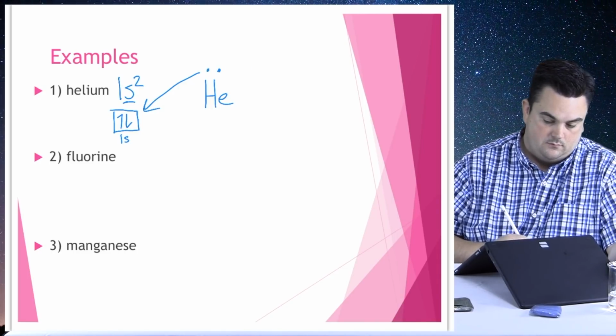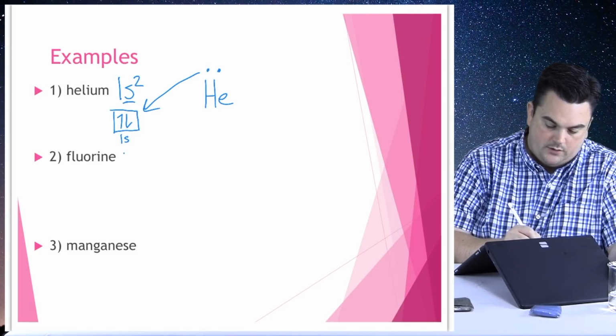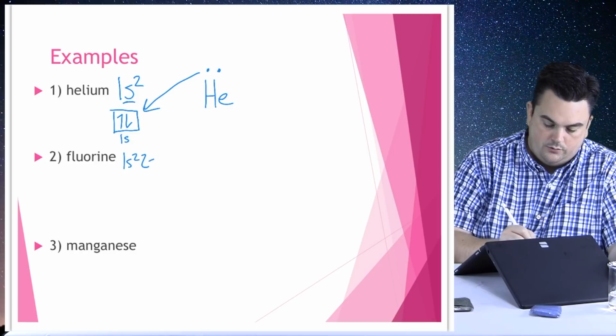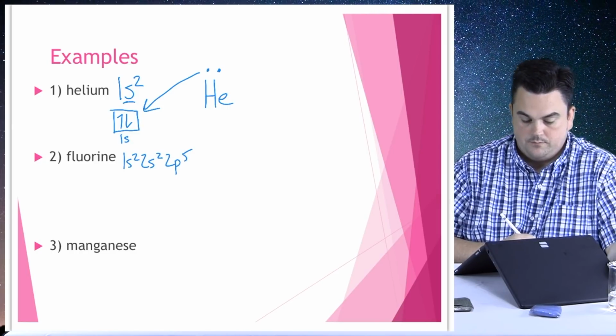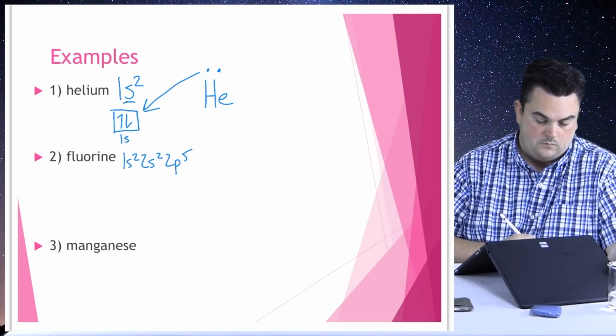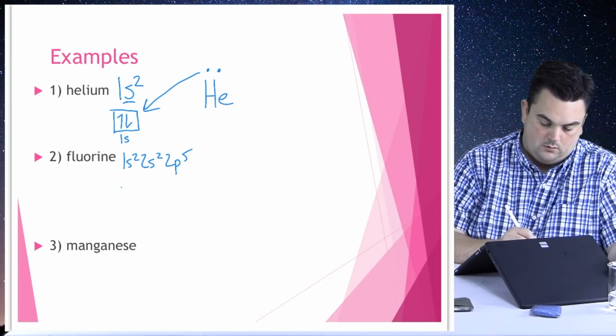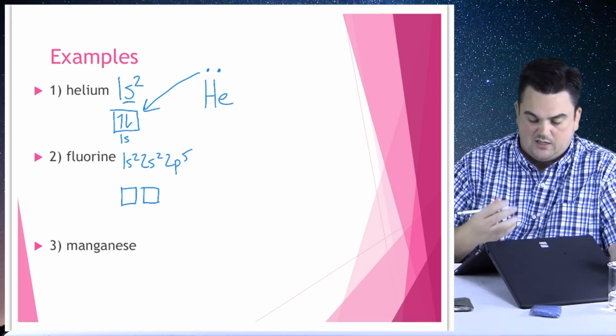Let's move on to fluorine, number 2. Let's get that electron configuration with sublevels again. So fluorine is 1s2, 2s2, 2p5. All right, so it looks like we've got 1s2, 2s2, both with s sublevels. So that means how many boxes should we draw for each of those? Each one gets 1, right? Because those are s sublevels, they get 1 orbital.